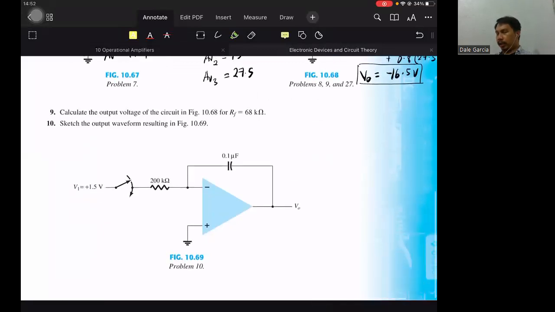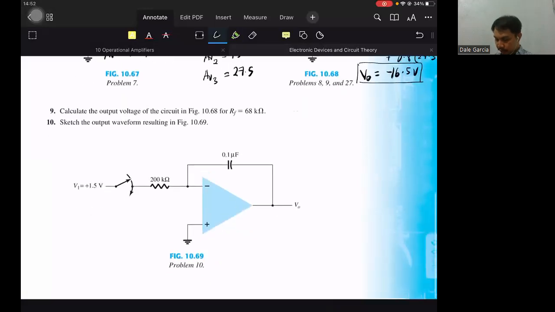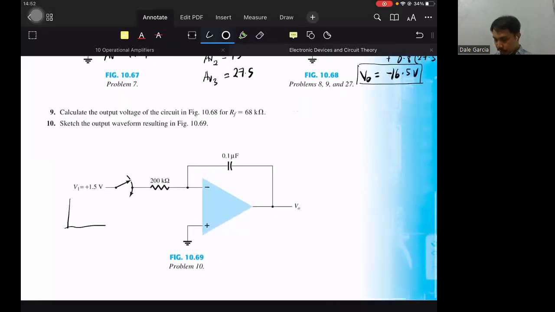So our input is an on-off of 1.5, a square wave. So the integral of a square wave, I think the answer is... 0.